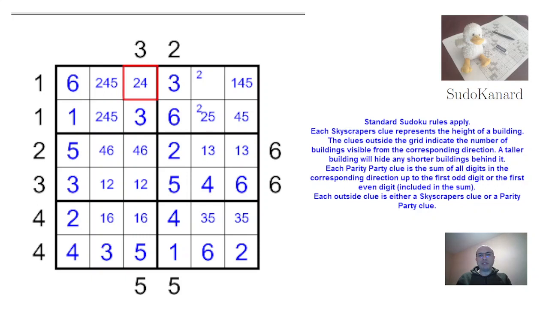It wouldn't be a Parity Party clue, so it would have to be Skyscrapers, but 4 wouldn't work as a skyscraper. Because we would see 4, 6, we would only see 2 buildings. So that's a 2. That's a 2. So 1, 6, 4, 2.